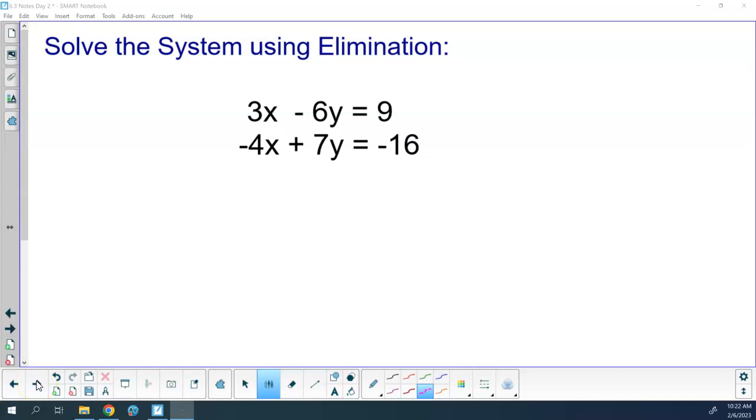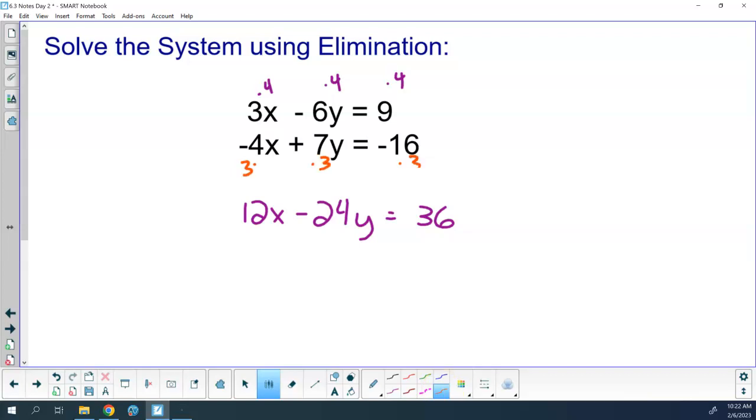Let's see. Don't have anything that are the same, so I'm going to multiply the top equation by 4. That's going to give me 12x minus 24y equaling 36. Then I'm going to multiply the bottom equation by 3.